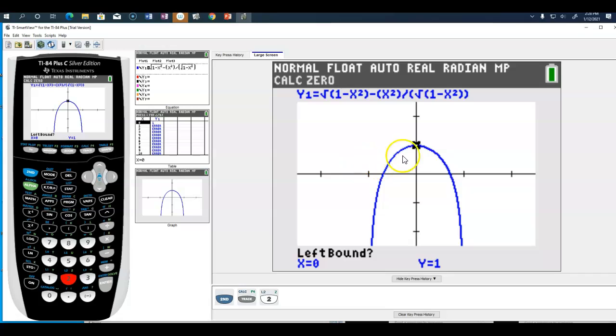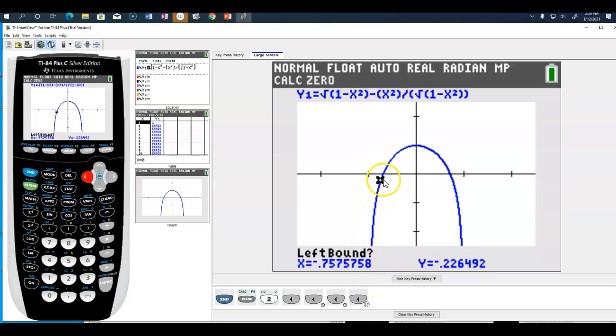Now, as soon as you do that, you're going to see a cursor blinking here, and you're going to see left bound. Let's say I wanted to find out what this 0 is right here, where it's touching that x-axis. I want to move my cursor to the left of that dot, so I'm going to slide it over. I unfortunately have to push the left arrow button a billion times.